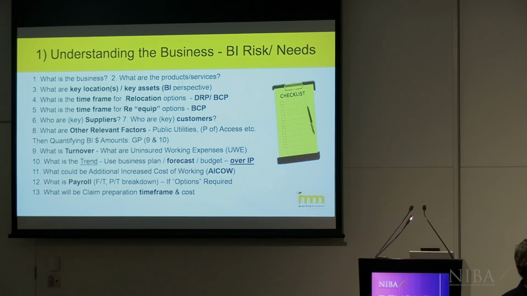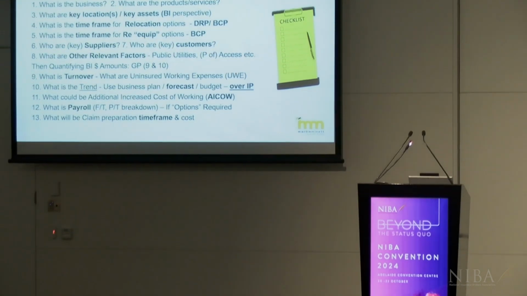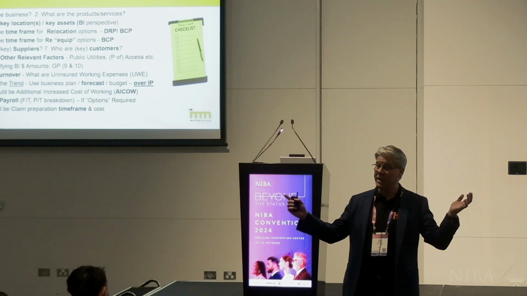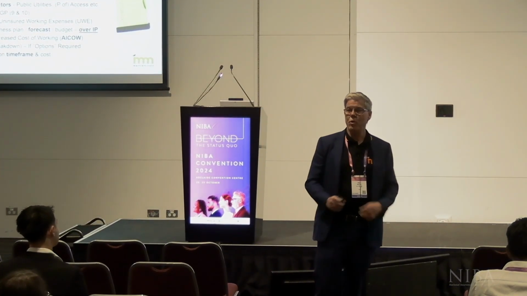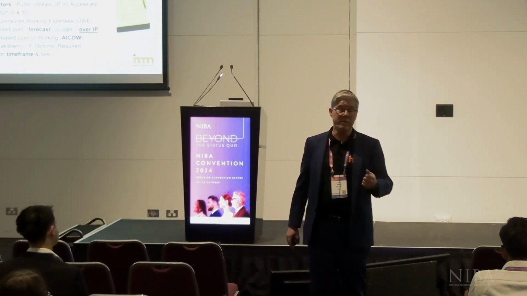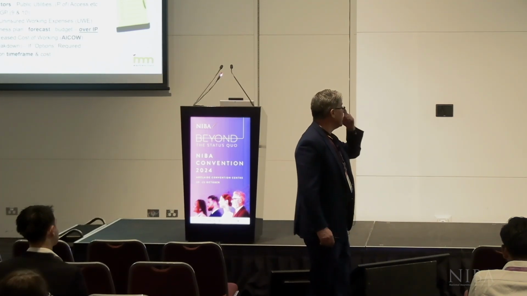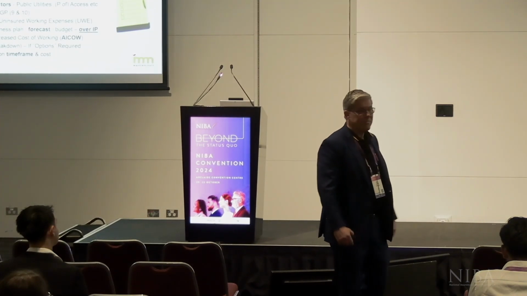Because as showed before, that's what the judges actually talk about. Did the client really understand what insurable gross profit was? Did they really understand what indemnity period was? So basically, they're the key ones that we go through. We also talk to the clients about, do you have a key supplier that if something happens to them, the outside of their 4 walls exposure for business interruption insurance. So as it says up there, which is number 8, what are the other relevant factors?